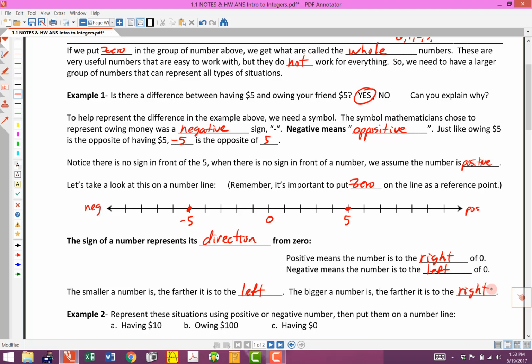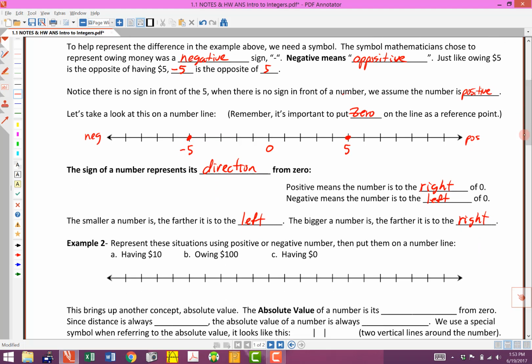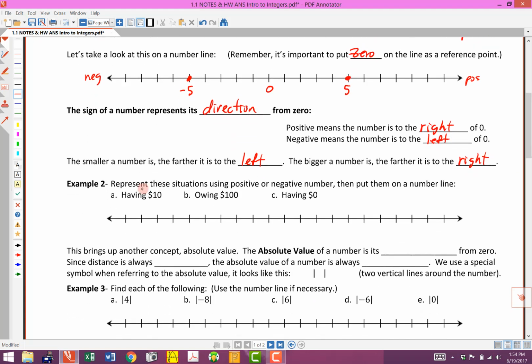Now, this is something you might have to think about for just a second, because we could put some numbers on here that seem like they're really big, but depending on the sign, they may be one direction or the other. So we're going to represent this situation with money again. We're going to represent each one of these with a positive or negative number, and then we're going to put it on the number line. So let's think about having $10.